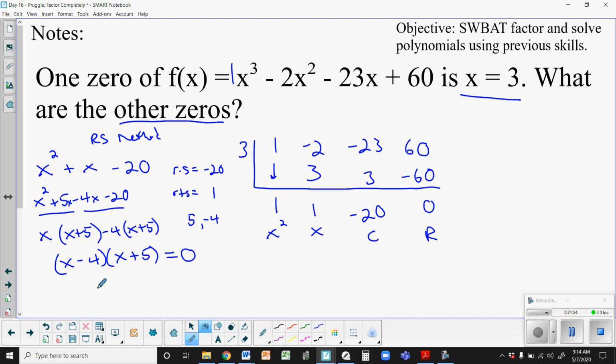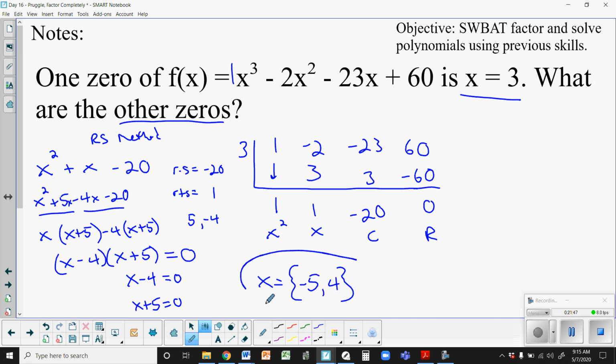So x minus 4 equals 0, x plus 5 equals 0, and it's just asking for the other zeros, so we just need to give these 2 things. That means x is going to equal positive 4 and negative 5, so we can put in negative 5, positive 4. These are the other zeros of the function.